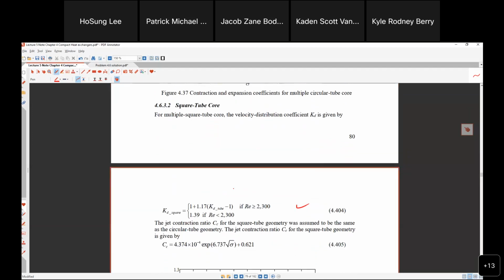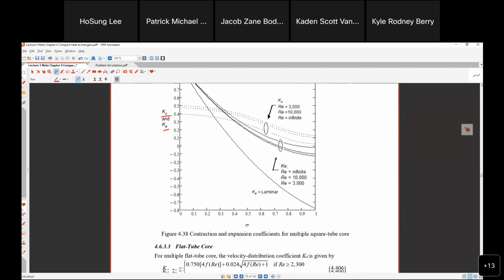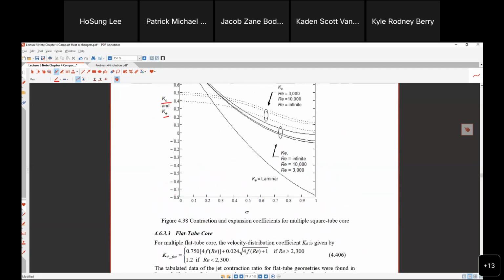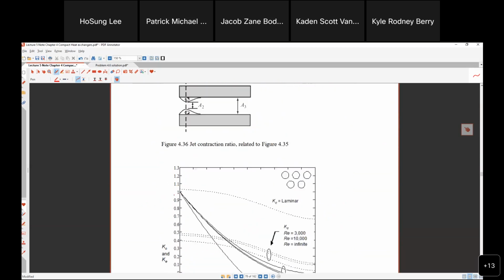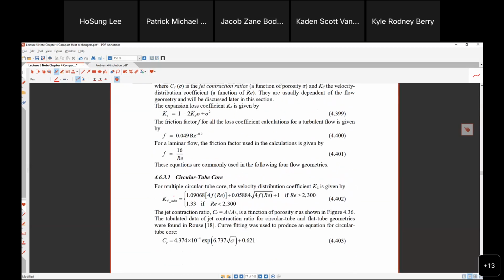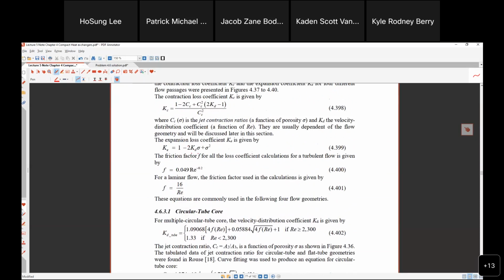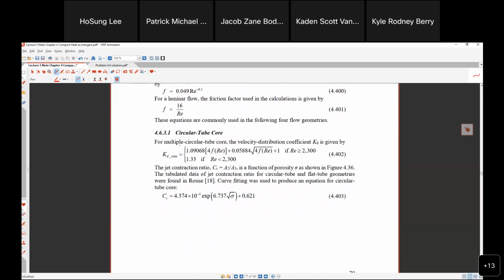K_C, for example, for square. K_E and K_C are in terms of K_D. K_D depends on the type of channel. So you can get K_C and K_E once you have K_D.